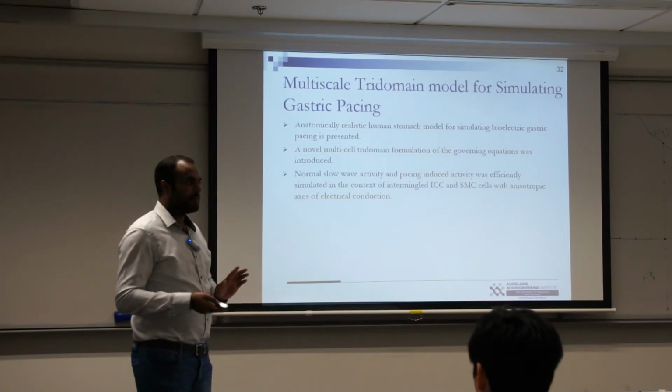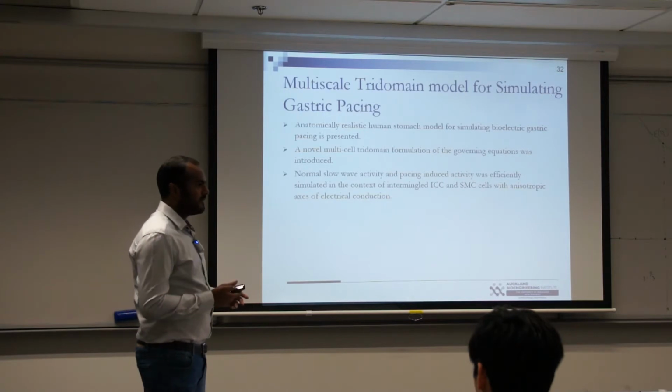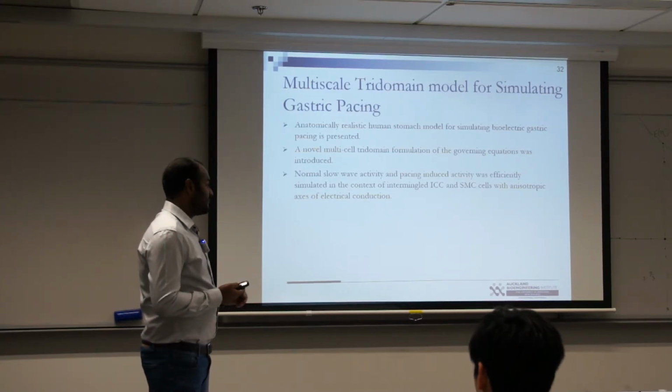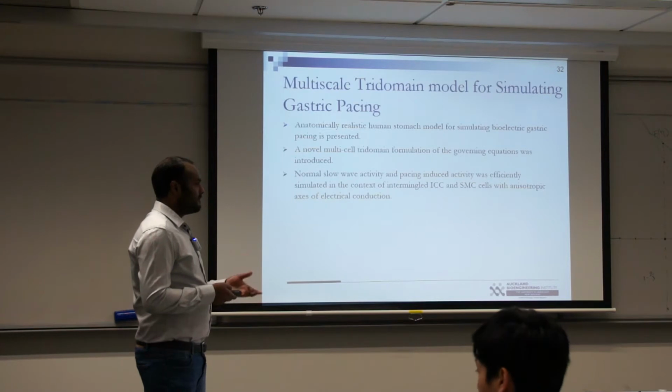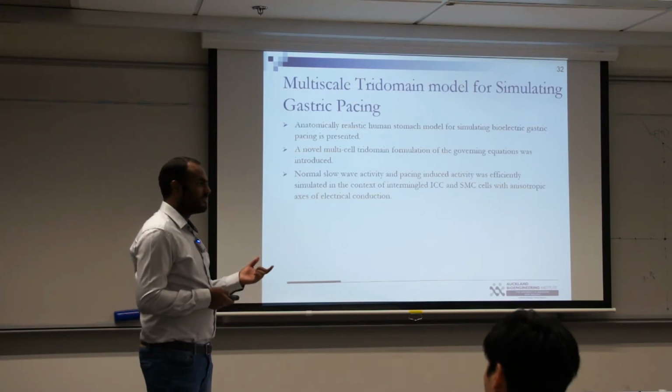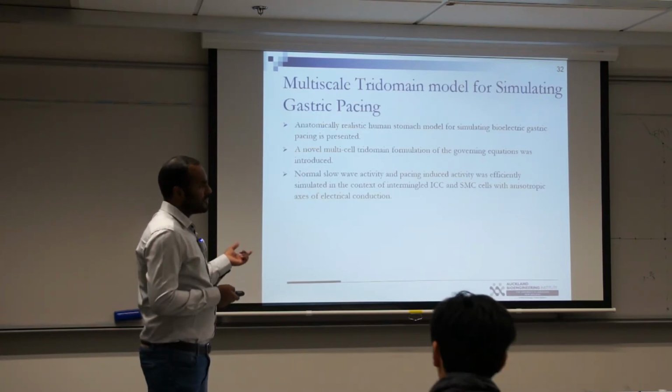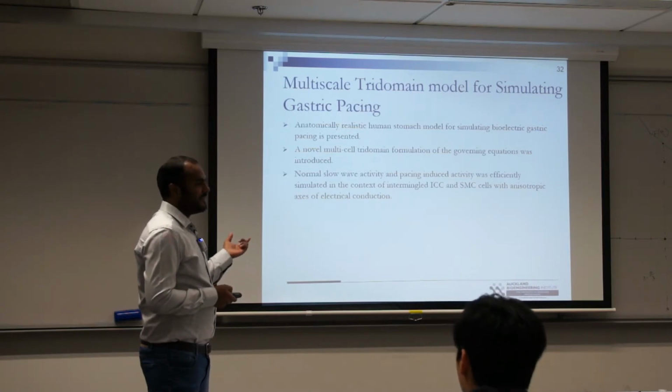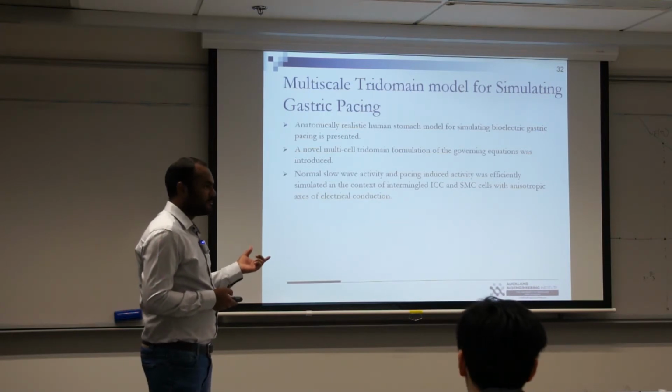Moving on to the three-dimensional aspect. We have the ICCs, but for interacting with the smooth muscle cells, as we have seen in around the second slide, there is a gap junction between the ICC and smooth muscle cell.